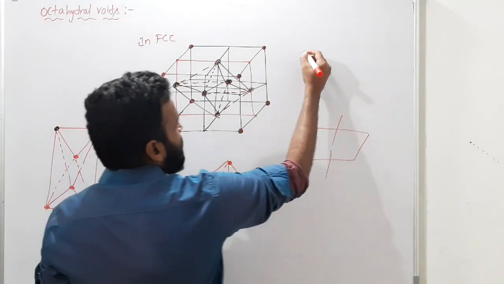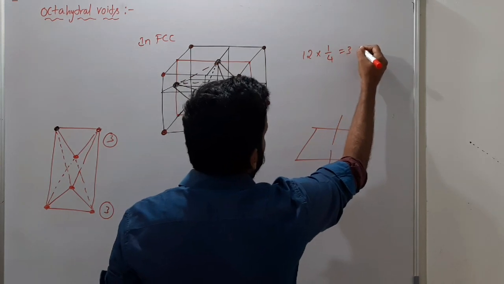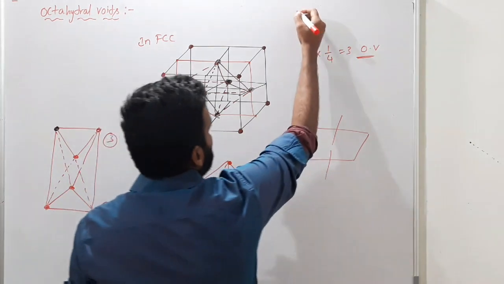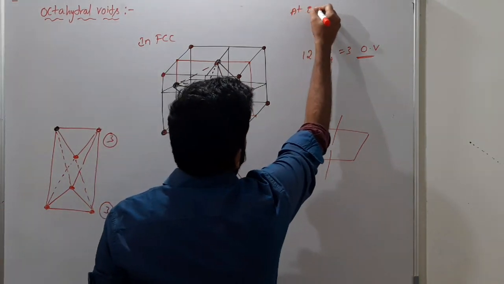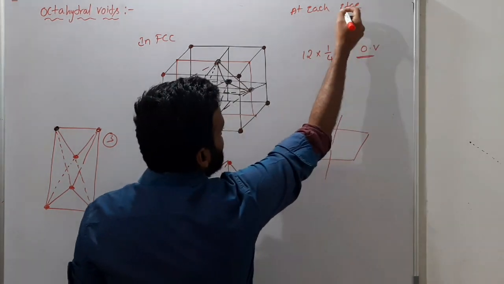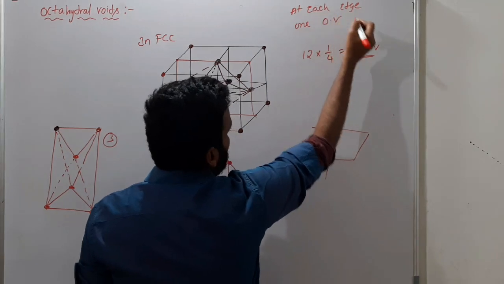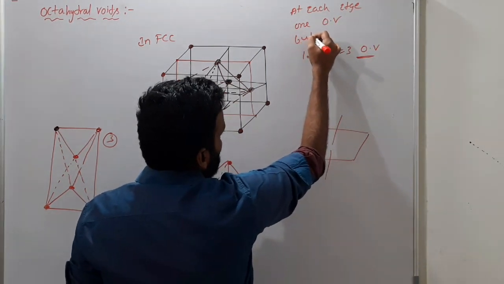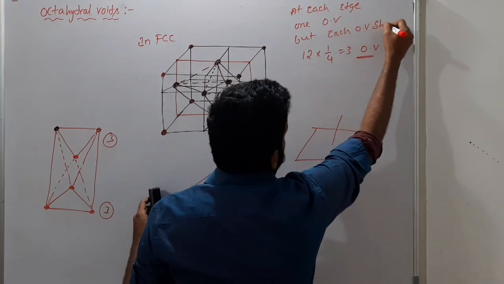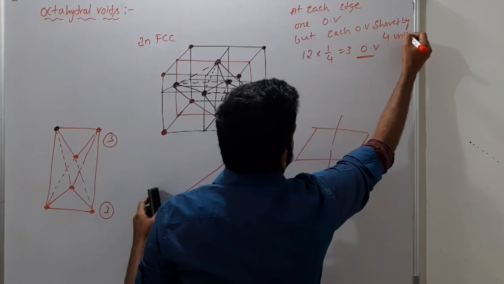So here you will have 12, so 12 into 1 by 4. So there are 3 octahedral voids. What I said here, at each edge center or at each edge there will be one octahedral void. But each octahedral void is shared by 4 unit cells.